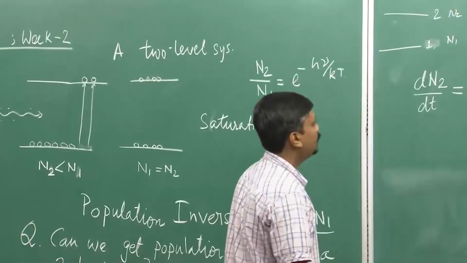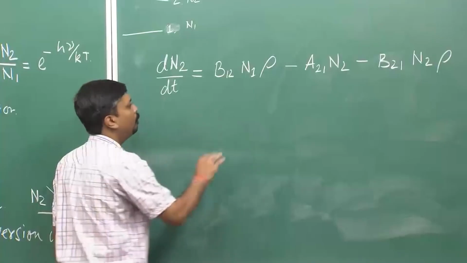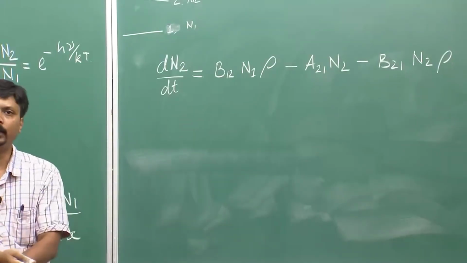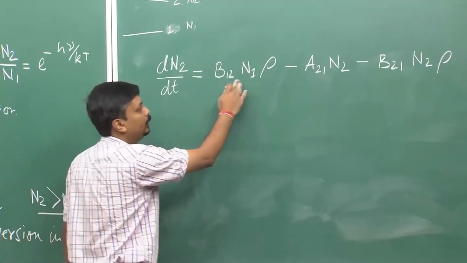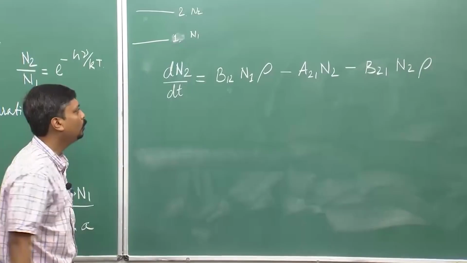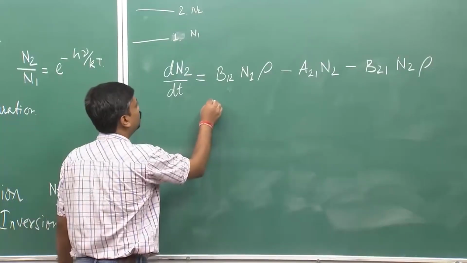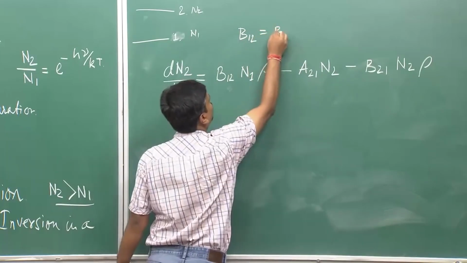From the previous discussion we already know that the absorption rate is equal to the rate of stimulated emission, so I have the condition B12 equals B21.